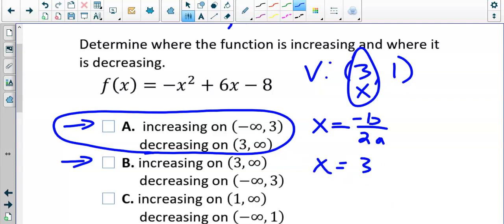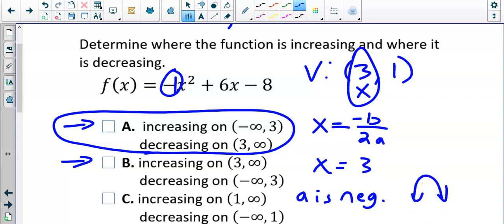this is where we go back and we think about, is this a U or is this an arch, like what we did in the previous problem? So we look at our a value up here. Our a value is what? Negative. So that means, is this going to be a U or an arch? It's going to be an arch.